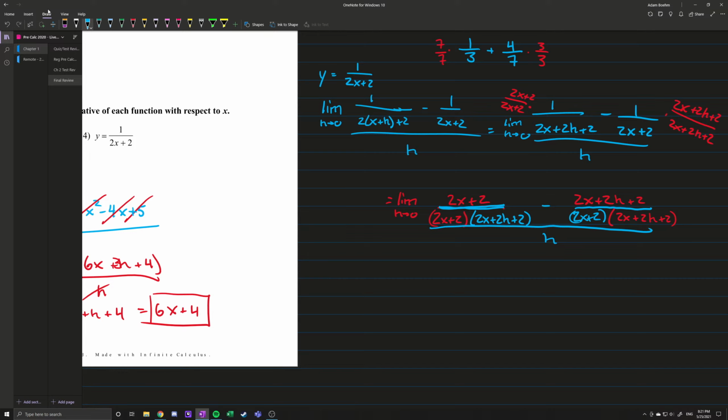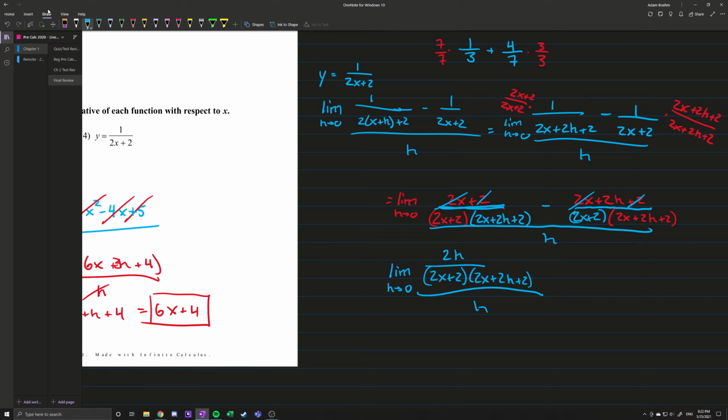So 2x minus 2x, that's just 0. 2 minus 2, that's also just 0. So then we have the limit as h approaches 0 of 2h over 2x plus 2 times 2x plus 2h plus 2, all over h.